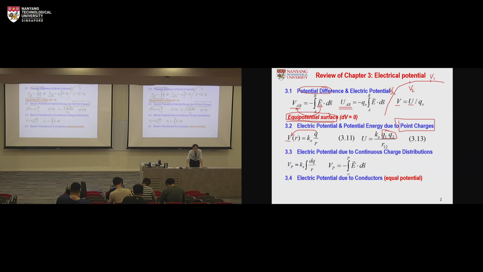The electrical potential energy between the two charge Q1 and Q2. So you can see actually this is a little bit similar. This is a Fe, this is F. V is only determined by the source charge Q, just like E is only determined by a source charge Q.